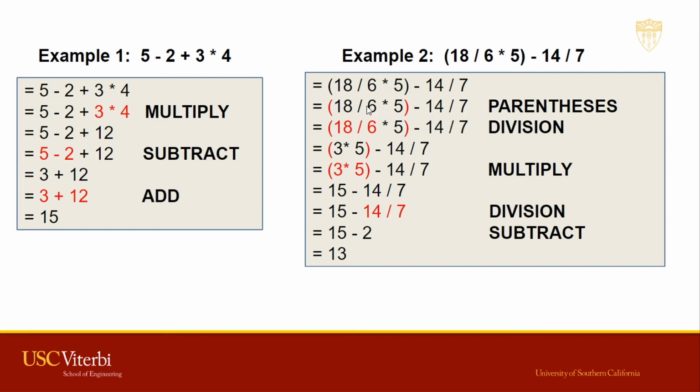So we perform this division. 18 by 6 results in 3. Then 3 into 5 is a multiplication. Now this parenthesis has been solved. In this example, there is a division sign over here which carries more precedence over subtraction. So 14 by 7 is 2. And then finally we subtract 15 minus 2, resulting in 13.